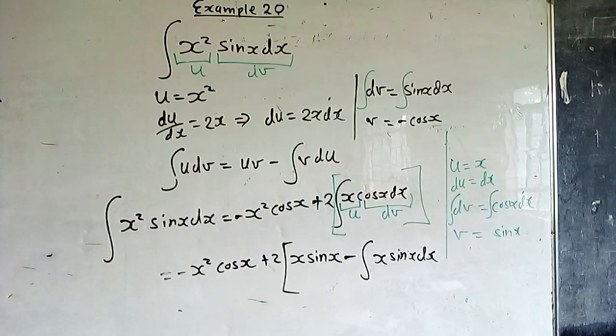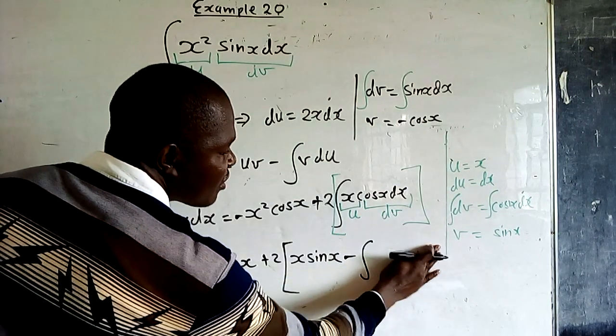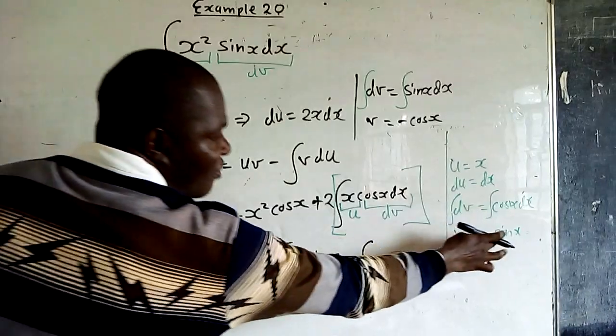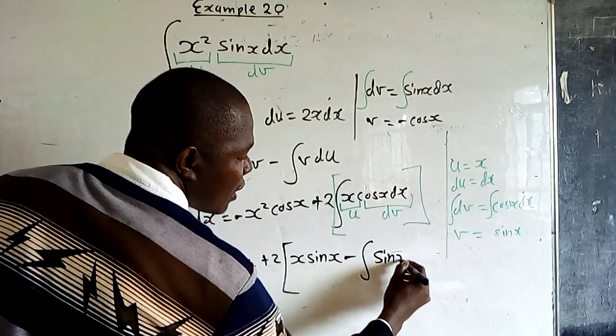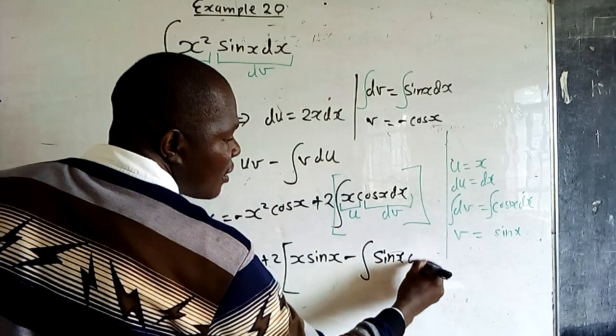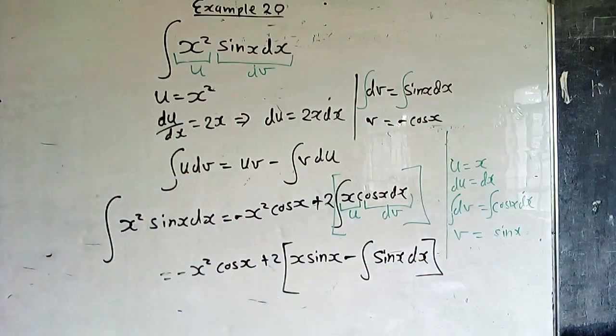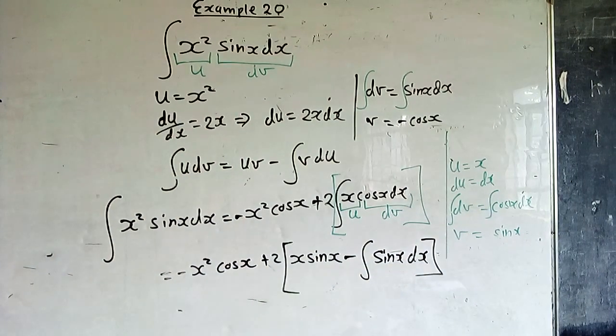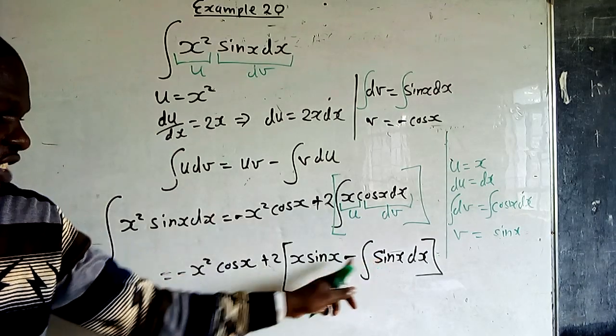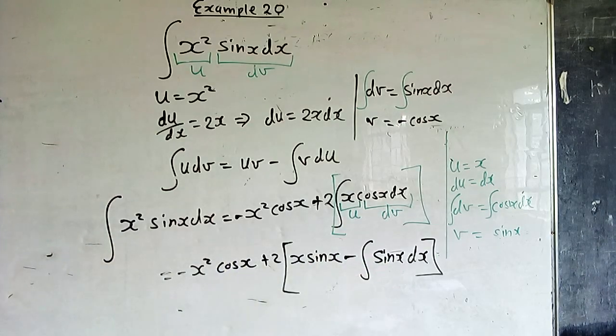Are we together? No, there is no x. v du. What is v? v is sin x. Then what is du? du is dx, then you end the bracket. Are we together? Yes. End of bracket. So now you open the bracket, then you go there, isn't it?